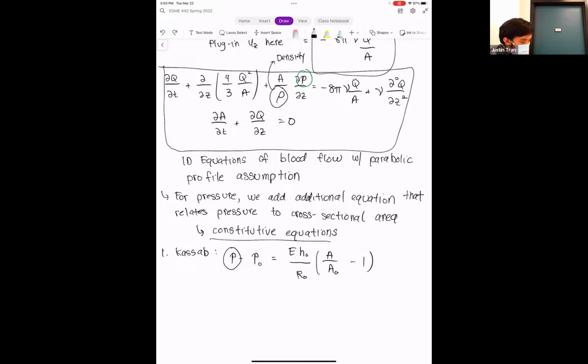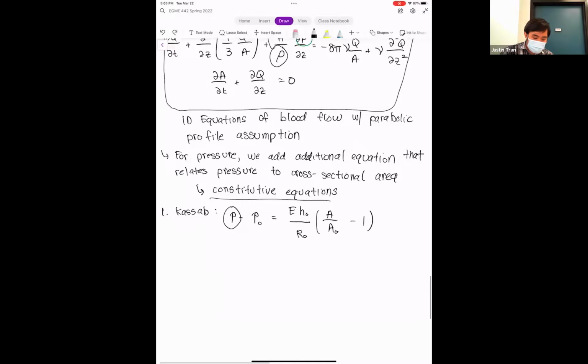Although traditionally, if you look into some of the codes for the 1D equations, it's not usually used like that. These equations are thought of as an additional equation to solve alongside them. So let me go ahead and define these terms just so that you know what they are.